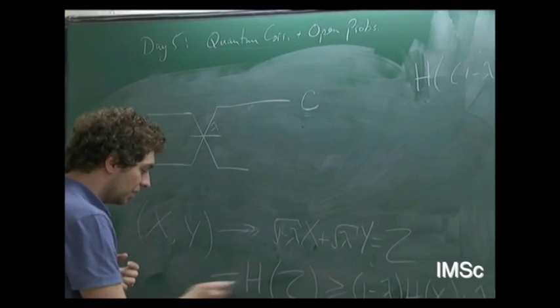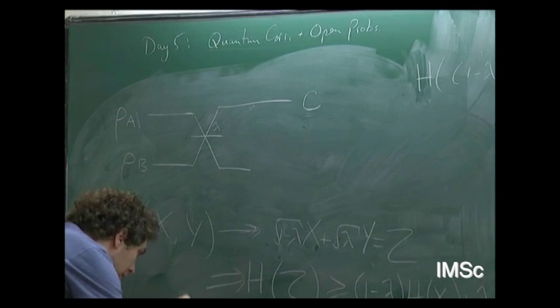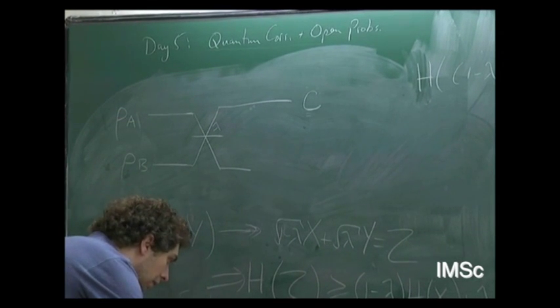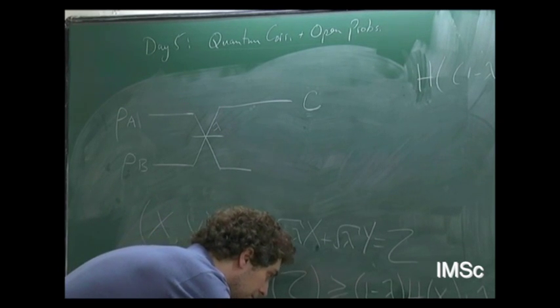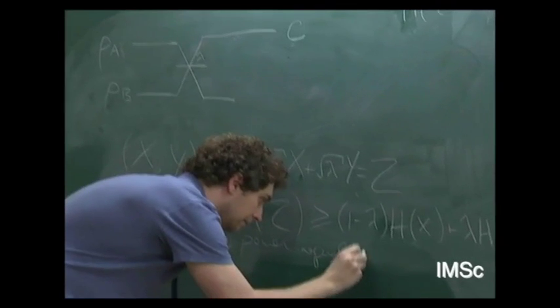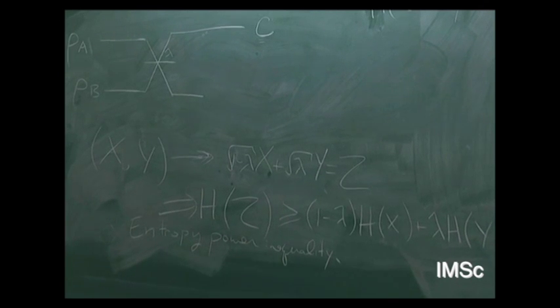This is actually a useful inequality in information theory. It's called the entropy power inequality. And it has several equivalent forms.